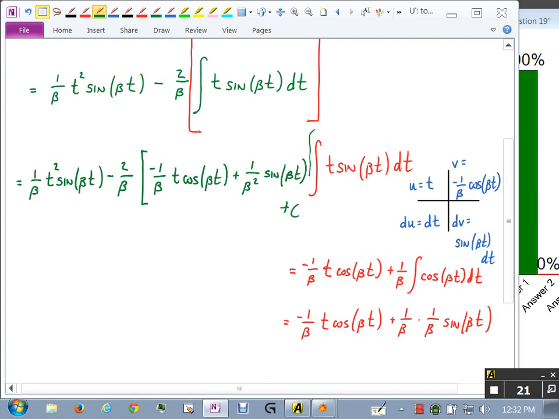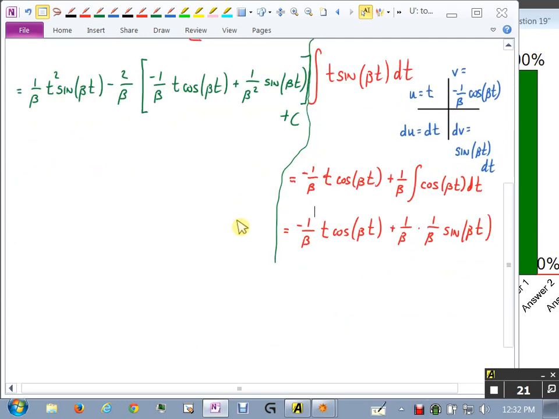Sorry, I'm trying to squeeze this all in here so that I don't have to do it on a different page. I would hope on your work it would be a little neater. I forgot to close my bracket. So that's the red piece replaced. I did put the 1 over beta times 1 over beta, made it 1 over beta squared. And then now distribute that negative 2 over beta, and we should be at our final answer, which I'm going to write down here.